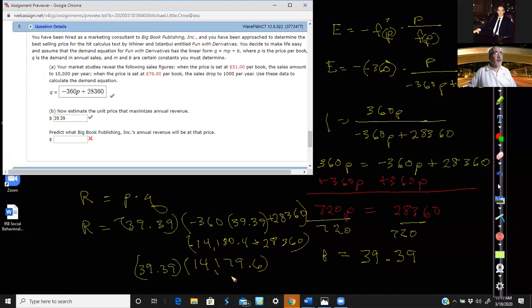So it means we'll sell about 14,179 books, and a price of $39.39. You still make a good profit here, or it's not profit, a revenue. $558,534.44 is what I come up with.